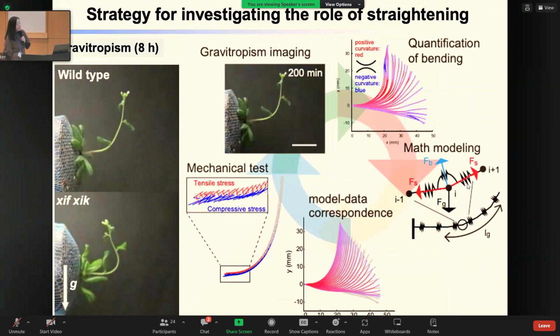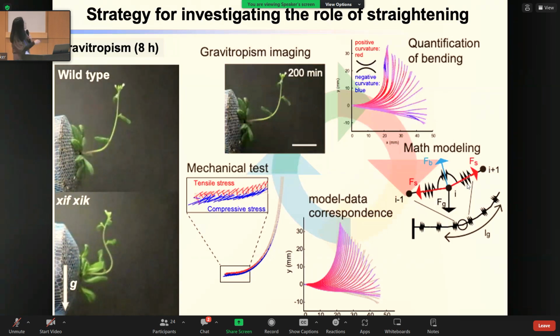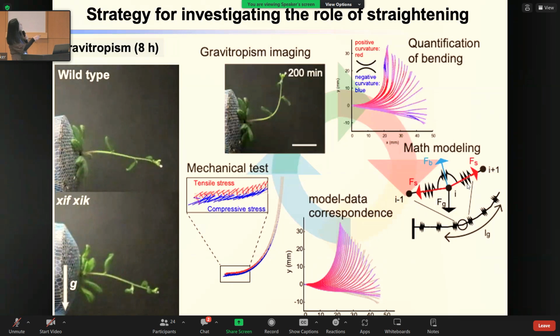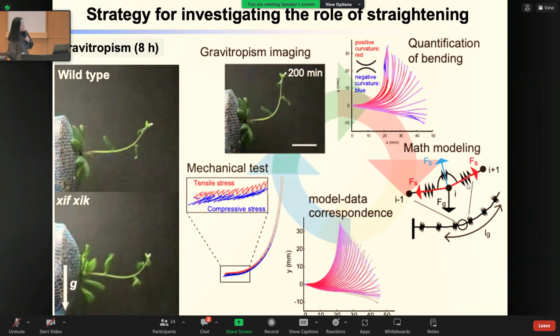Here is a strategy for investigating the mechanical role of organ straightening. The movie shows gravitropic responses of the inflorescence stems of wild type and myosin 11 mutant. The mutant stem bent excessively compared to the wild type due to the defect in straightening ability.